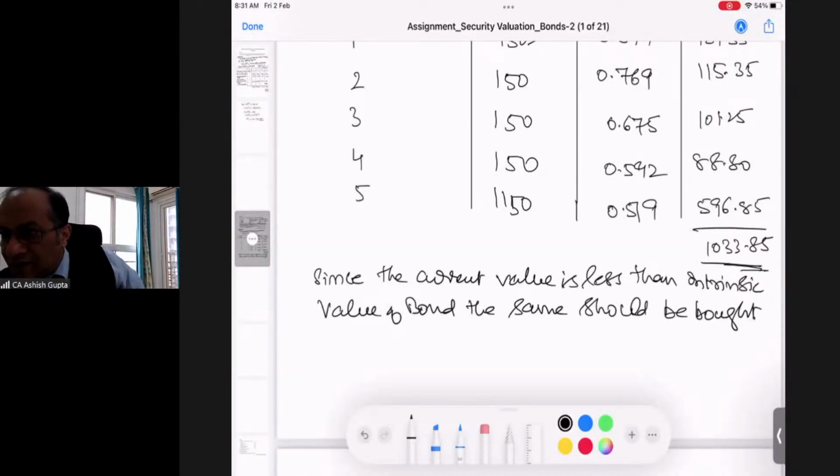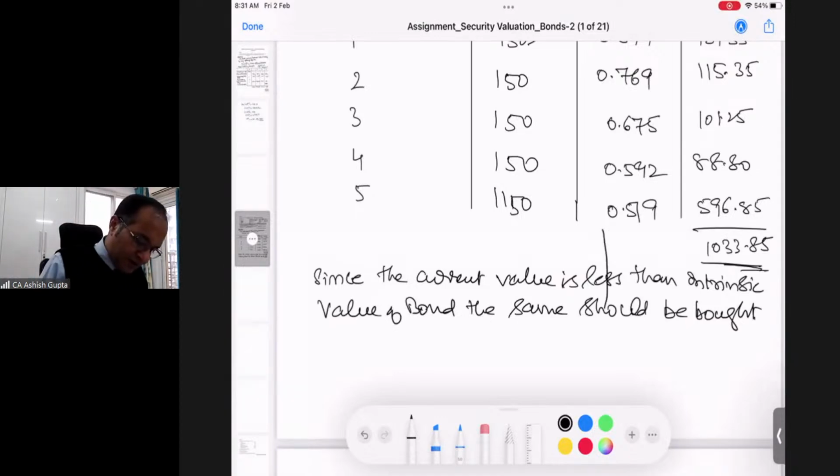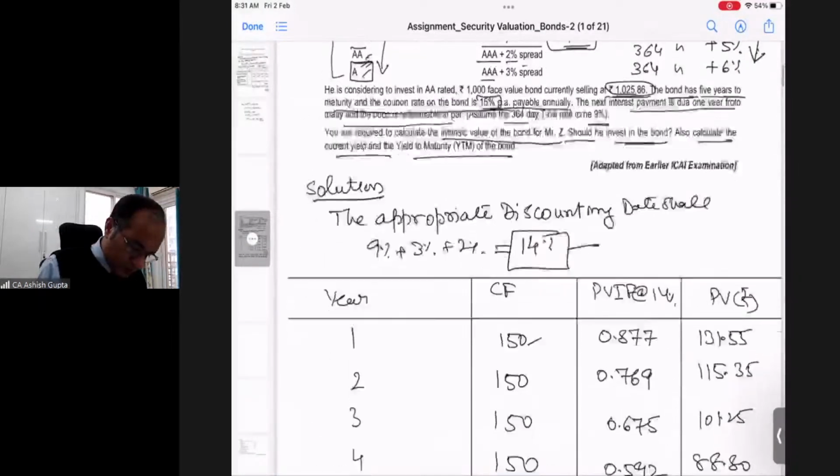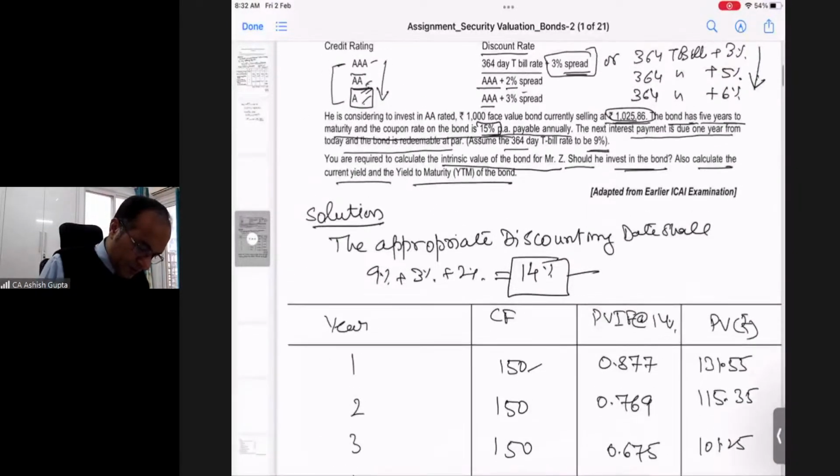So we have taken 9%. No, student, do you want to take 9%? No, 9% is not the beta.